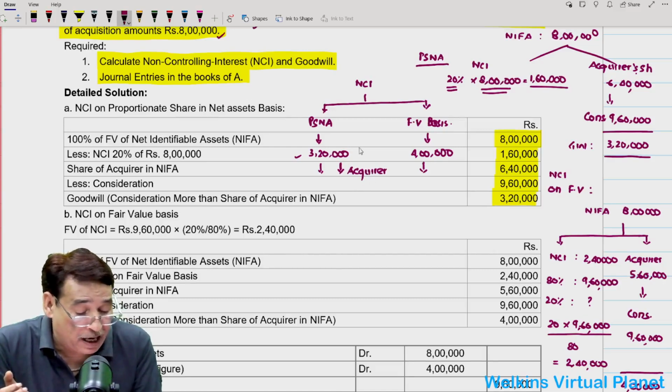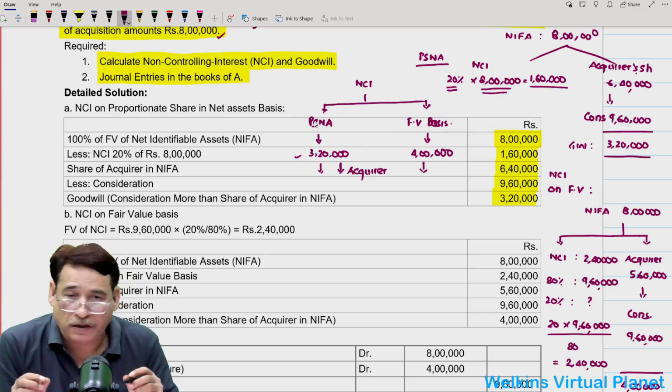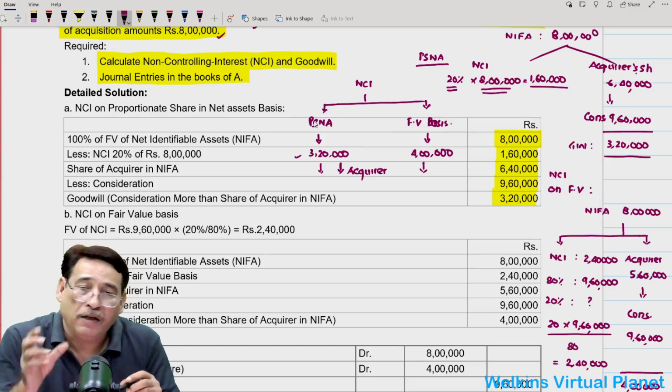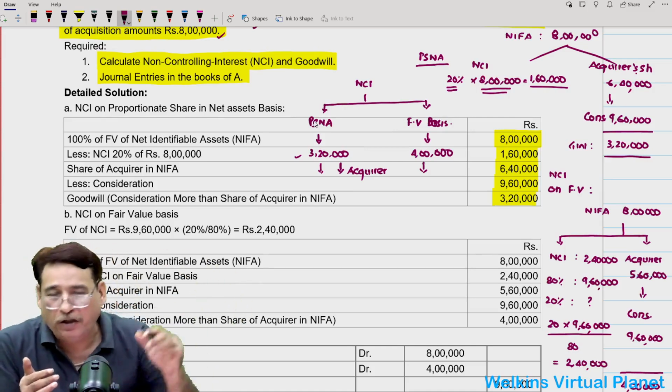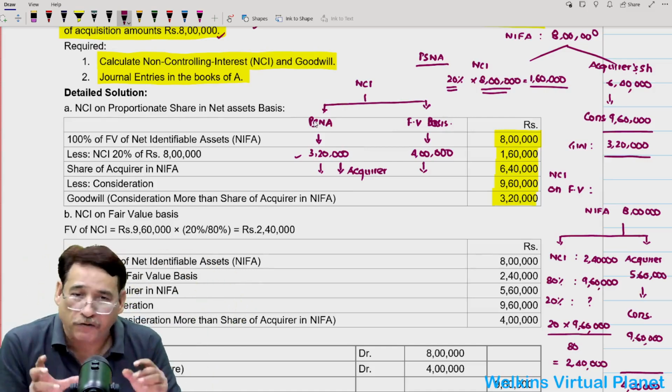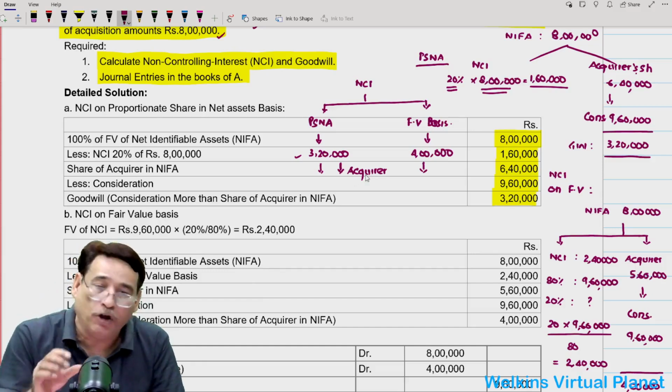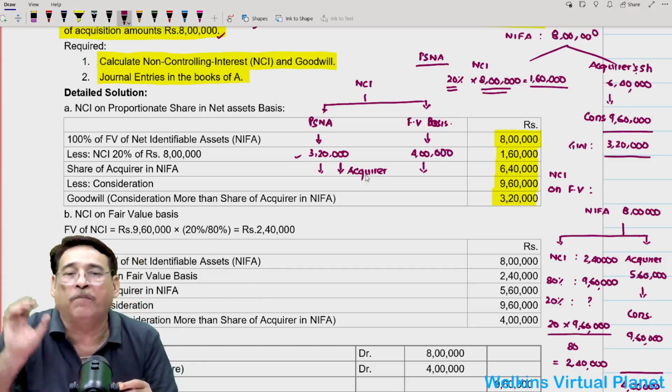When NCI is computed on the basis of PSNA, the amount of goodwill which we get and write later on in the consolidated balance sheet reflects that this goodwill belongs to the acquirer company only.